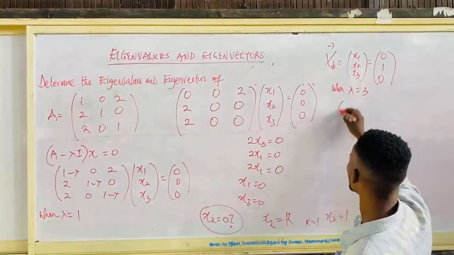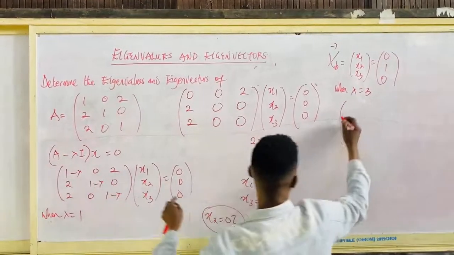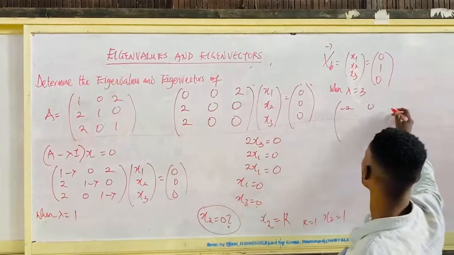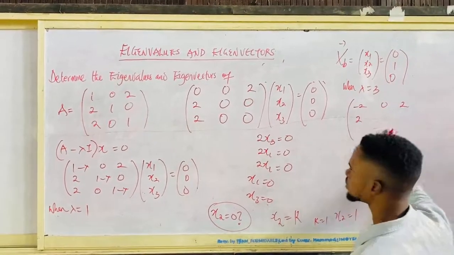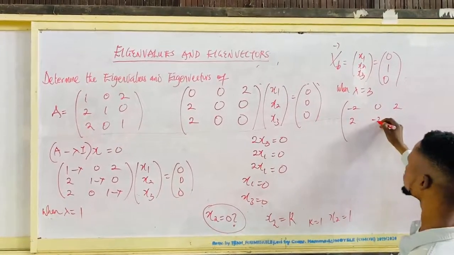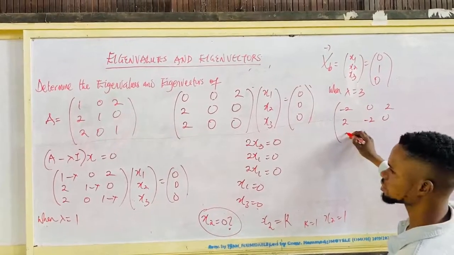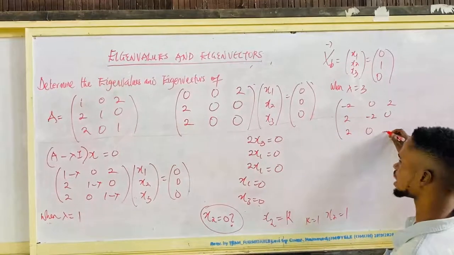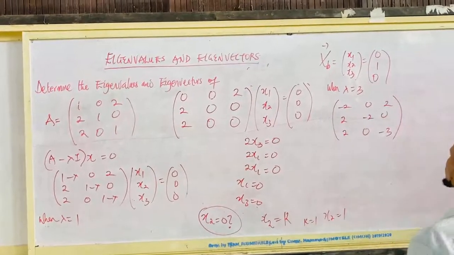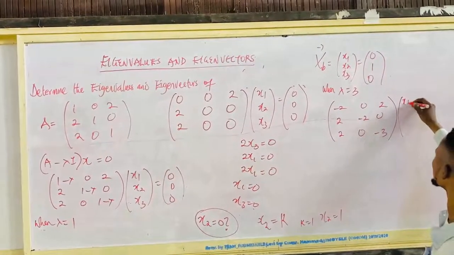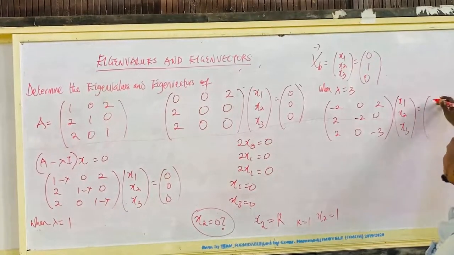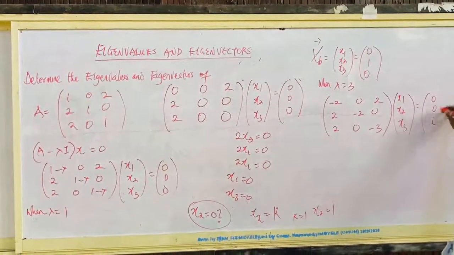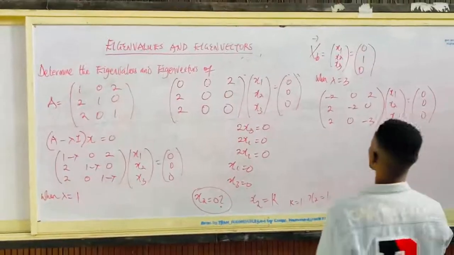So when lambda is 3 now, that's 1 minus 3, minus 2, 0, 2. 1 minus 3, minus 2, 0. That's 2, 0, minus 3. Times x1, x2, x3 is 0, 0, 0. So let's try to reduce this matrix.